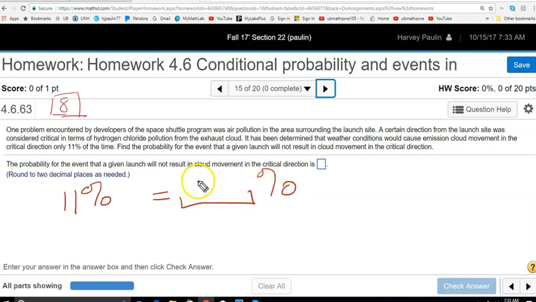And the answer is 89%. Remember, this is 100% here that we're subtracting 11% from, and that will give us the complement. Again, it's just another technique of doing it.